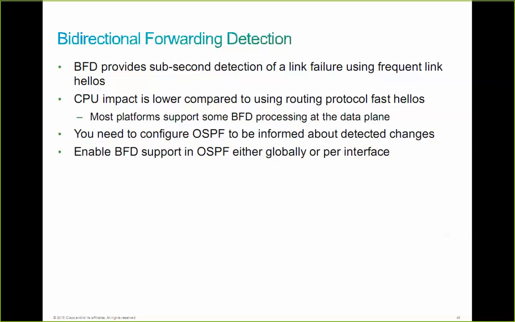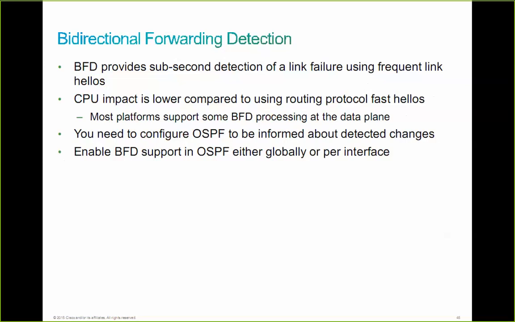BFD is not a protocol-specific function. It's not specific to EIGRP. It's not specific to OSPF. It doesn't transport its information inside of EIGRP datagrams or OSPF datagrams. We already talked about how it transports information inside of UDP in a separate data stream, a unicast data stream.